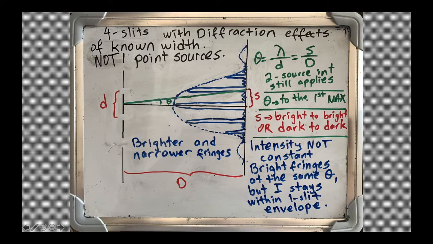These small ones in between the major maxima are not important mathematically. You wouldn't need to measure the location or the intensity of those ones, but they will be there, smaller maxima, but the main interference maxima where we have a bright fringe would be at the location where the maxima would be for 2 slits or 3 slits or 4.